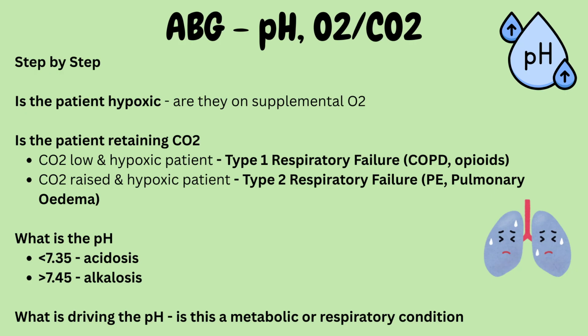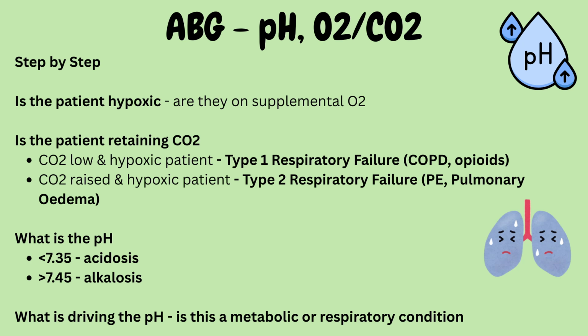Then we're going to have a quick look at the pH. So really, anything below 7.35 means that the patient is acidotic. Anything above 7.45 means the patient is alkalotic. Then we might have already had a look at it, but it's important to focus in on it alone. That'll be the CO2. So when CO2 rises, that's going to drive an acidosis. And when we're blowing off CO2, that's going to make the patient more alkalotic.